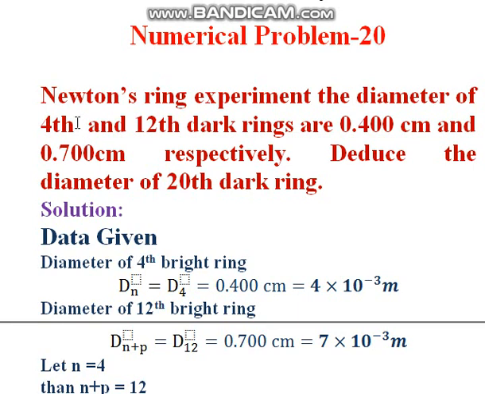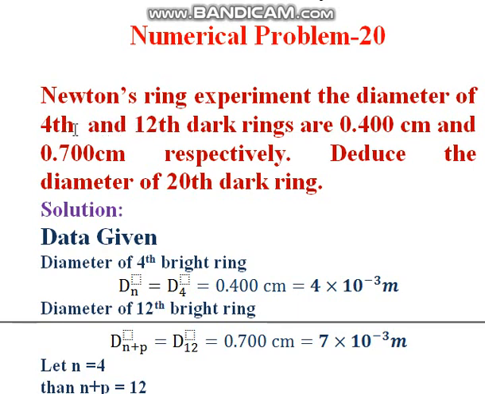So let D(n) be D4, and it is 0.4. The next given is the 12th dark ring, so D(n+p), let's say D12, is equal to 0.7 centimeter. One is the lower order, the other is the higher order dark ring.